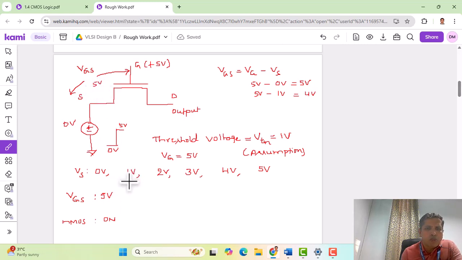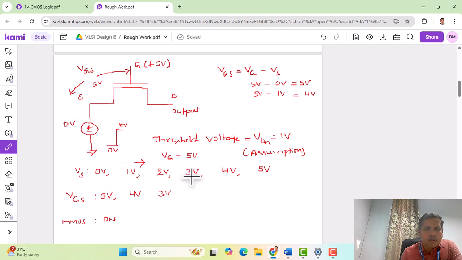And you can observe here, as Vs keeps increasing, VGS keeps decreasing. For 0 volts we have VGS of 5 volts, for 1 volt at the source we have VGS as 4 volts, for 2 volts we have 3 volts as VGS.